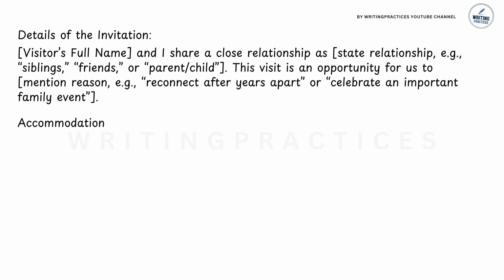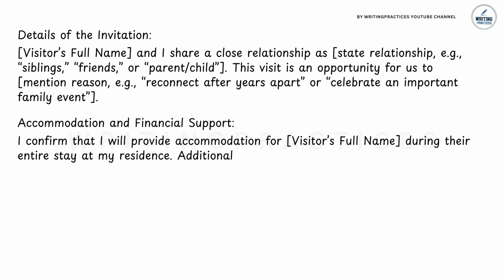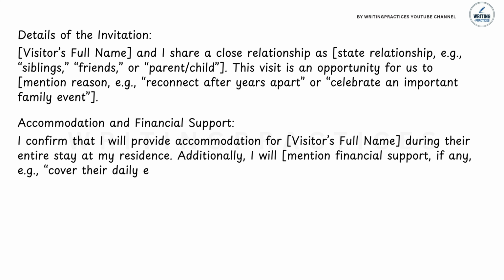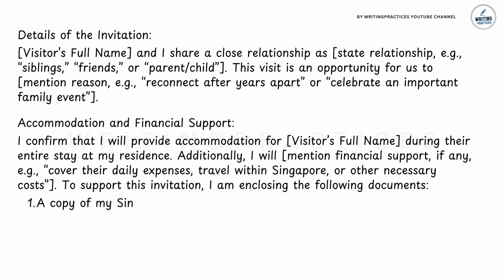Body paragraph 2. Accommodation and financial support. The second body paragraph focuses on the visitor's accommodation and any financial support you'll provide. For example, I confirm that I will provide accommodation for Jane Doe at my residence during her entire stay. Additionally, I will cover her daily expenses, travel within Singapore, and any unforeseen costs.